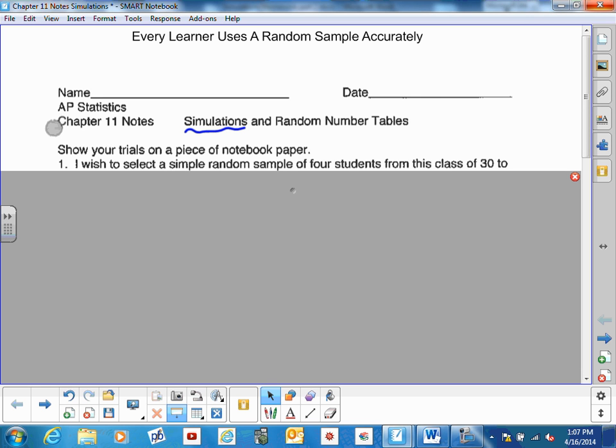I have a little mnemonic device, which I am having trouble making catchy or something you can remember. Every learner uses a random sample accurately, which I don't know how you can remember.